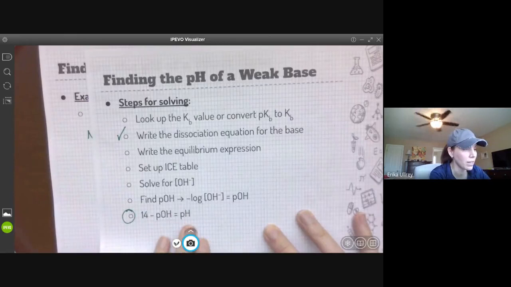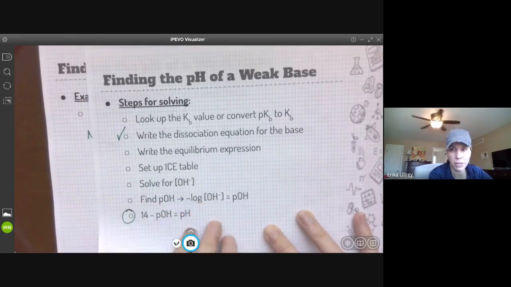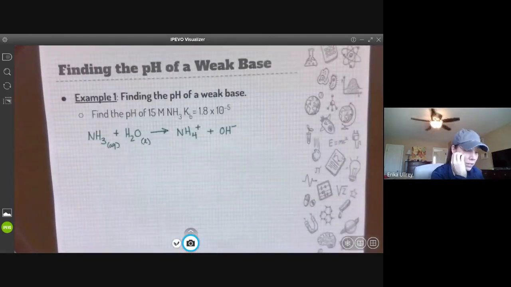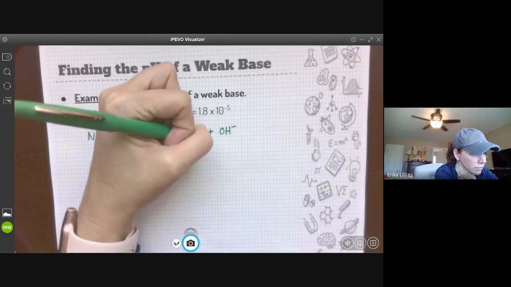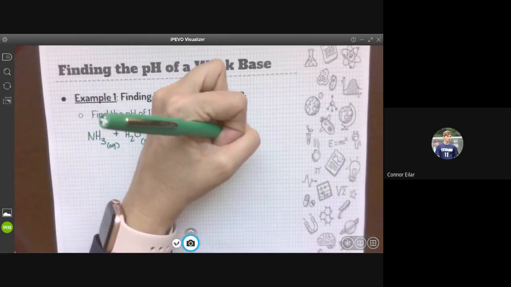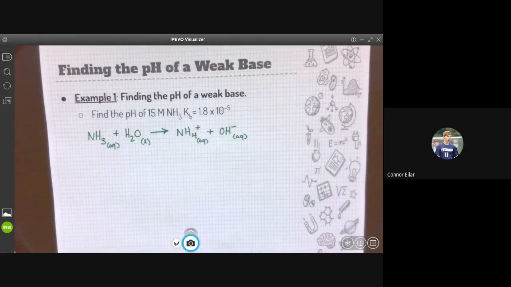We've done that. Next thing it says, write the equilibrium expression. So Connor, what is going to be the equilibrium expression for this? Is that where you say like the concentrations and stuff? Yep.